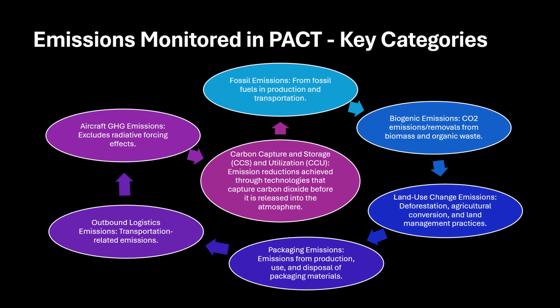For example, carbon capture systems can be installed at power plants or industrial facilities to trap carbon dioxide and either store it underground or use it in other processes, such as manufacturing. The inclusion of this category highlights PACT's forward-thinking approach, recognizing the role of innovative technologies in achieving net zero emissions.